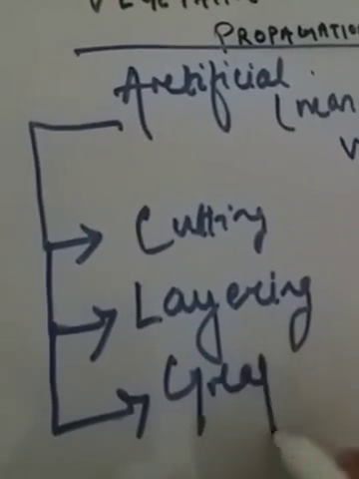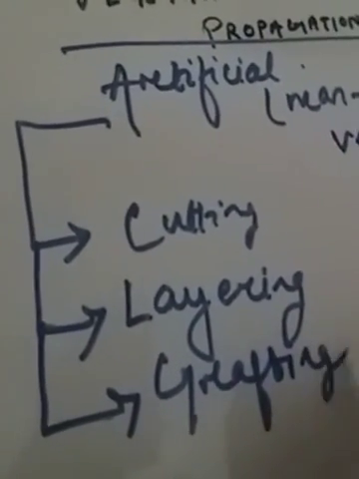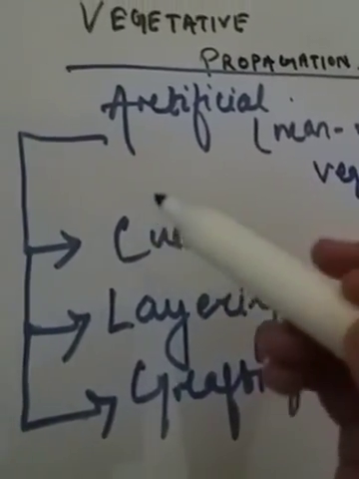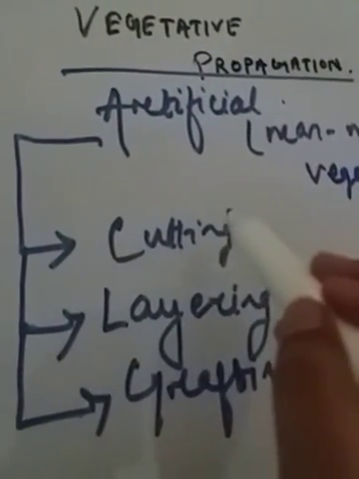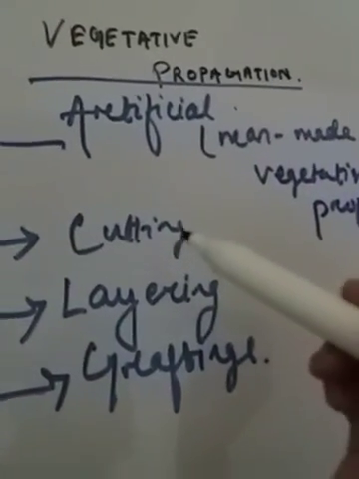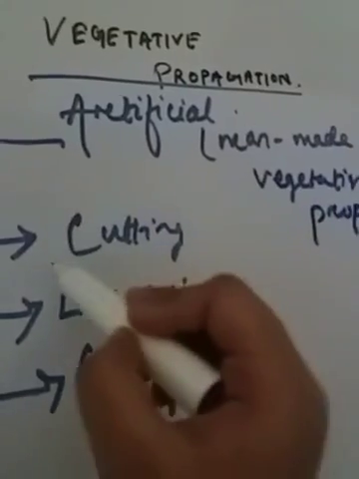The common methods, you have also studied these earlier. Cutting, layering and grafting. These three are the three modes of artificial or man-made vegetative propagation. Let's see about cutting. What happens there?